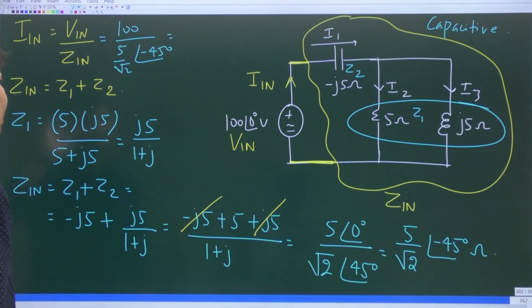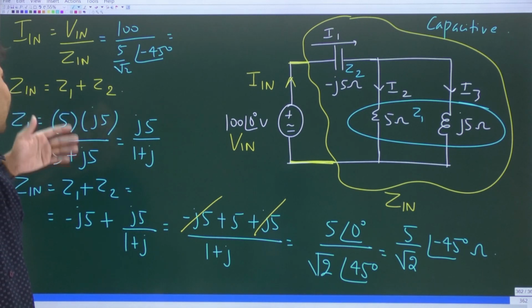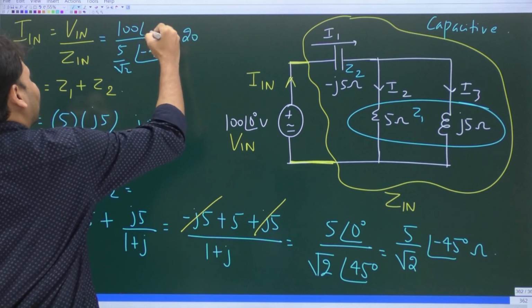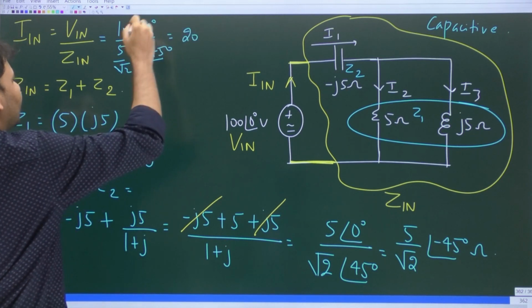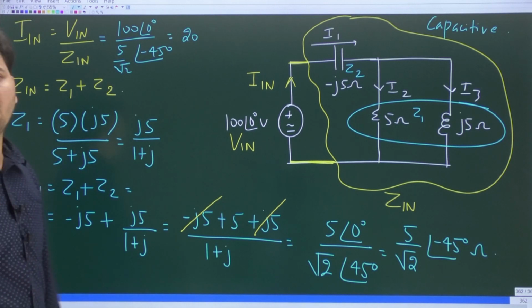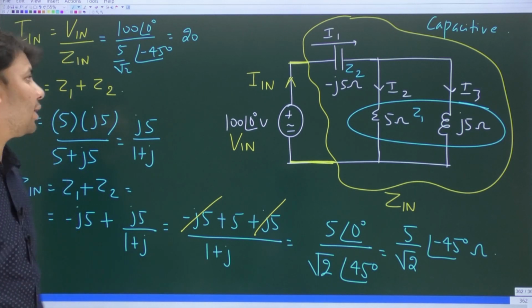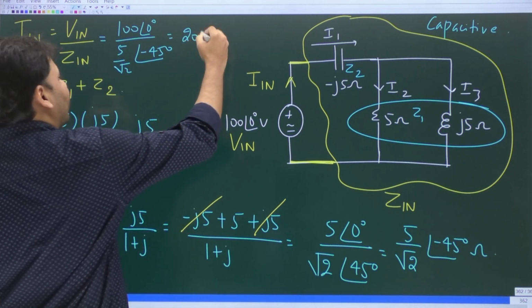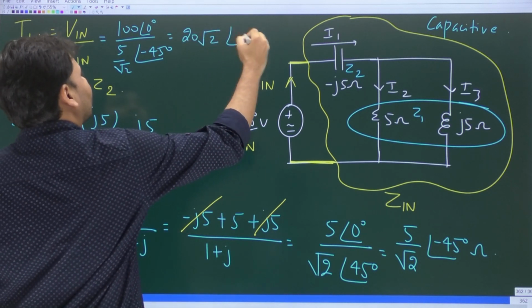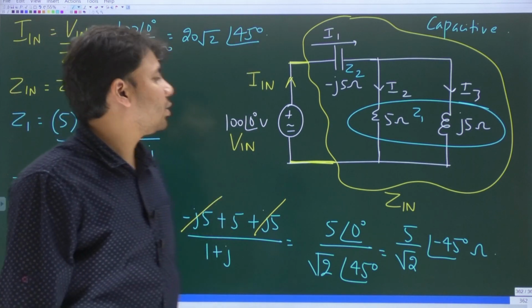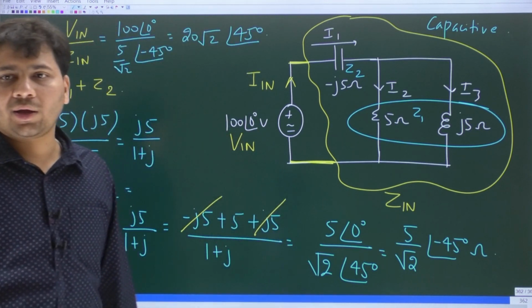What is 100 by 5? It is 20. Root 2 will go to the numerator. Again 100 is 100 angle 0 degrees. If you subtract the numerator angle and the denominator angle, won't you get angle plus 45 degrees? So would it not be 20 root 2 at an angle 45 degrees?